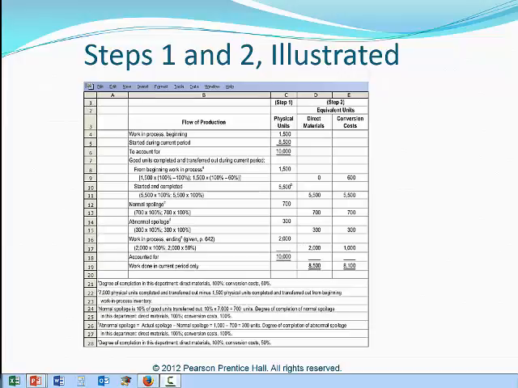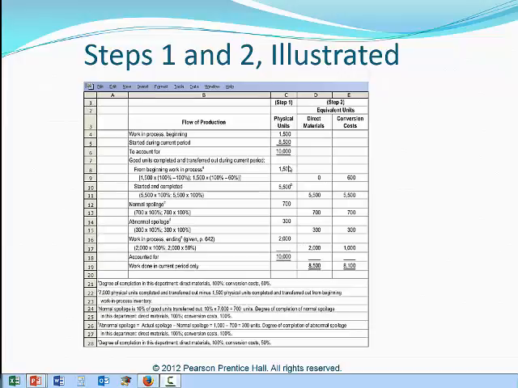Therefore, the 1,500 work in process beginning units are going to be kept on a separate line item under the first in, first out method, instead of being lumped together with units that were started and completed in this period. So, the 1,500 beginning work in process physical units are going to be separated out.